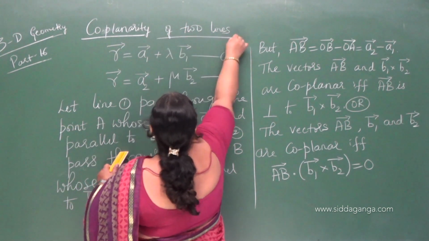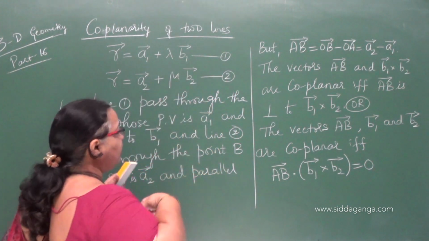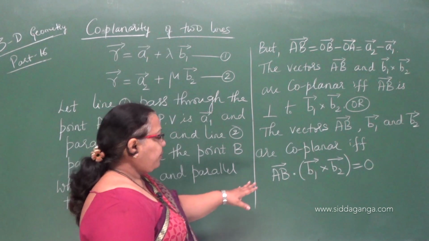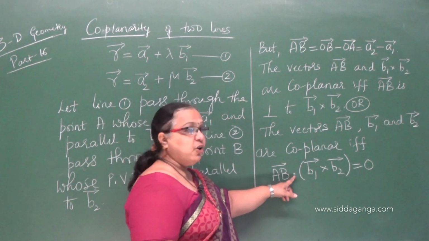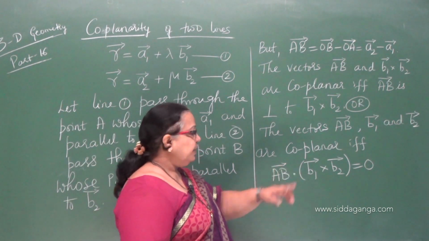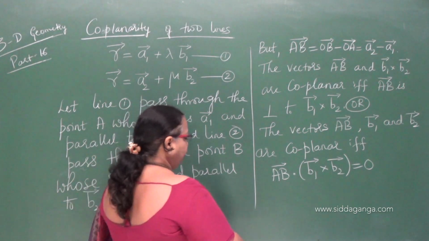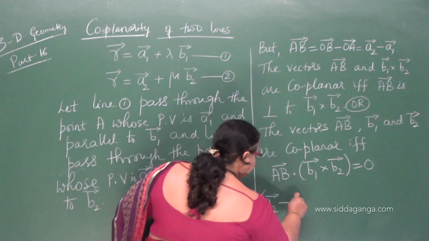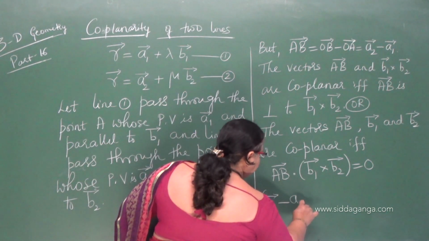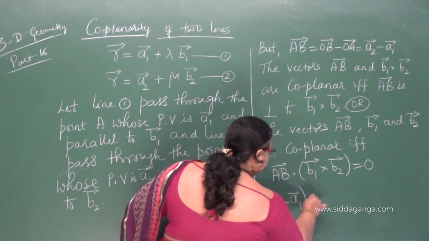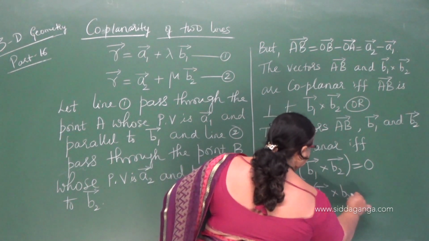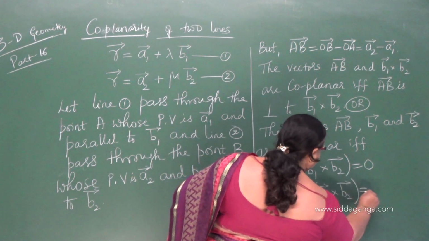The given two lines lie in the same plane if and only if vector AB dot B1 cross B2 equal to 0, or vector AB can be taken as A2 vector minus vector A1, dot of B1 cross B2 equal to 0.